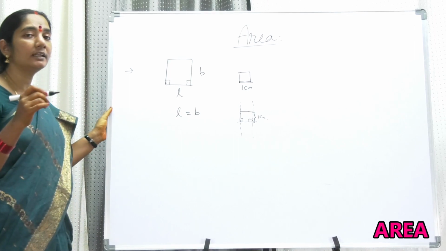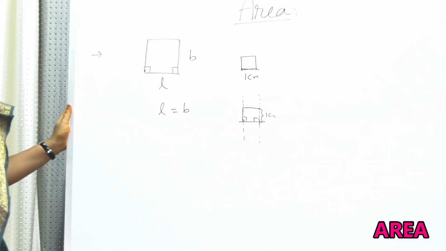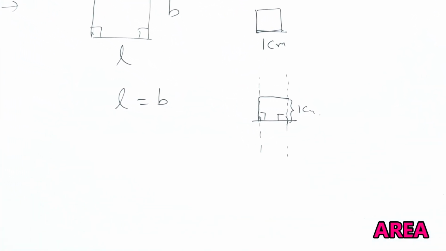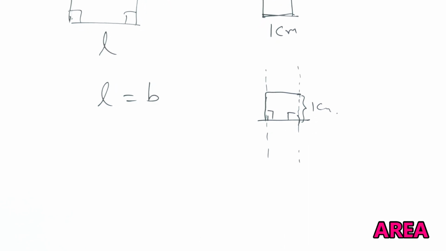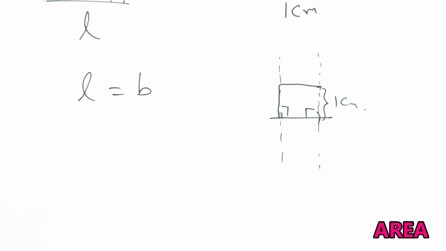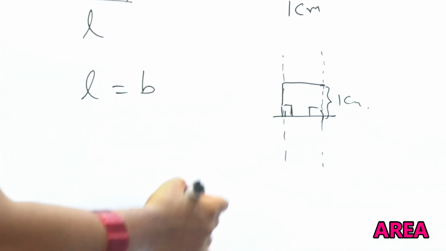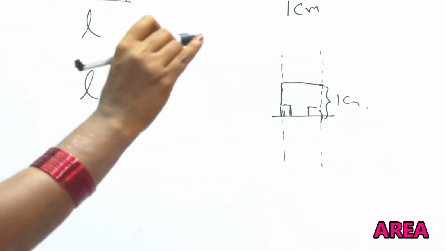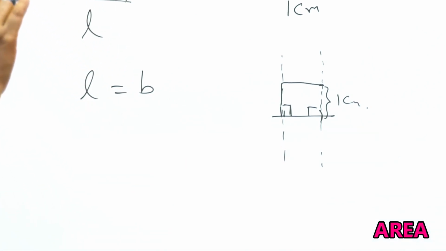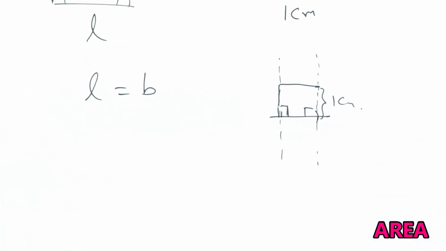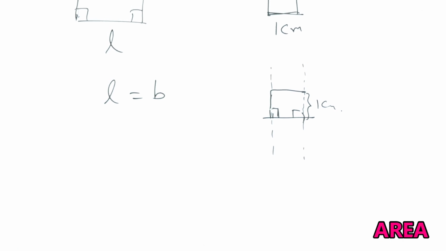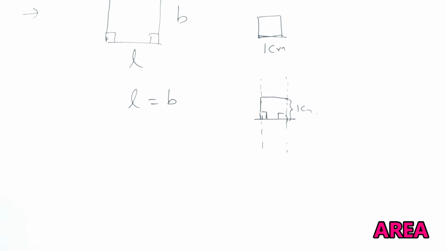Take the help of a protractor, or one more device like a set square, and make your own efforts. Try to see that you are maintaining a 90 degree angle. Try to draw a square whose length and breadth are equal, 1 centimeter each, and see how much area it is occupying.